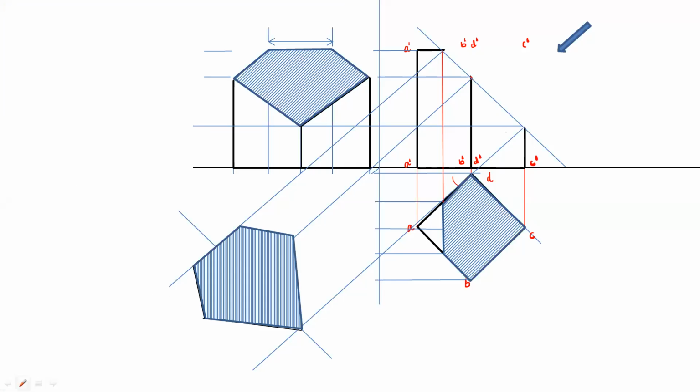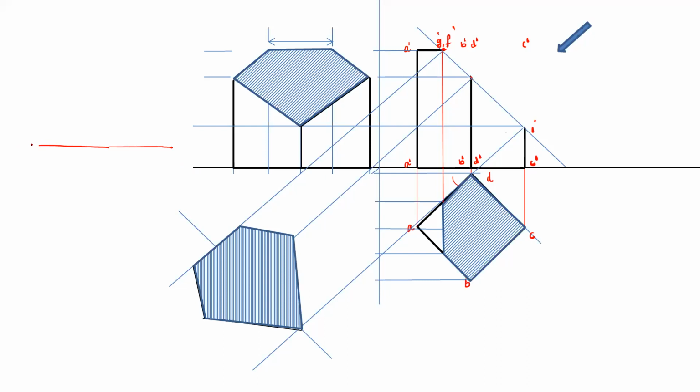Then just take the distance. So this is point G and F, and this is point I. Just measure this distance and draw one horizontal line which is parallel to the XY line.